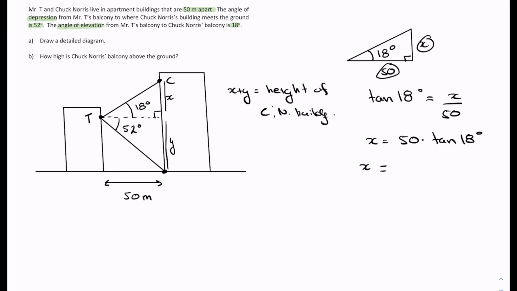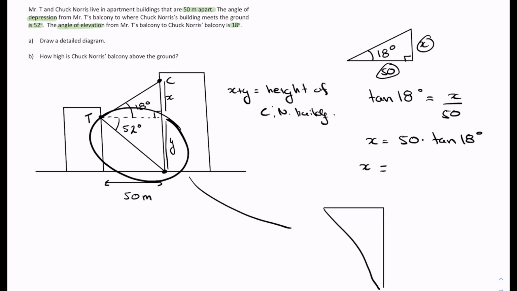Let's get the y value. So now I'm going to focus on this other triangle, and that looks something like this. Line across, down, and then we have this part here, and I have the y value, and this is going to be 52 degrees, and this is 50.